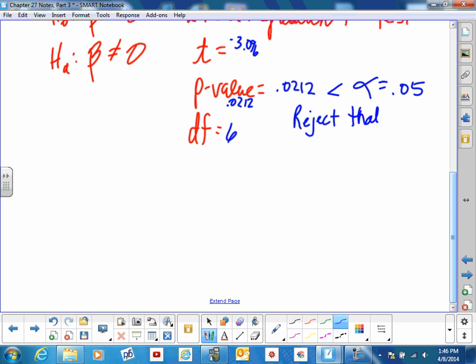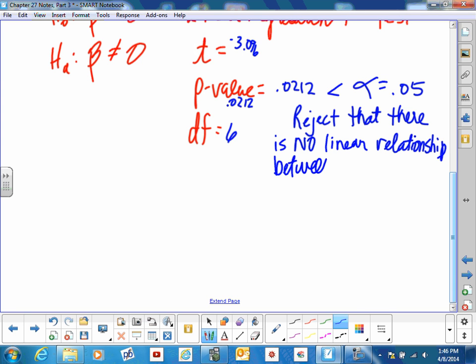We are rejecting that there is no linear relationship between, we are rejecting the null hypothesis, and the null hypothesis says there is no linear relationship between image quality and time for all those people. Therefore, I have what?